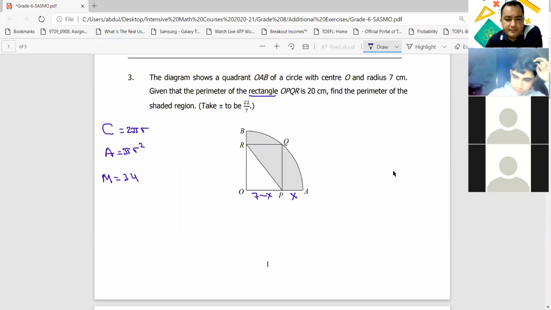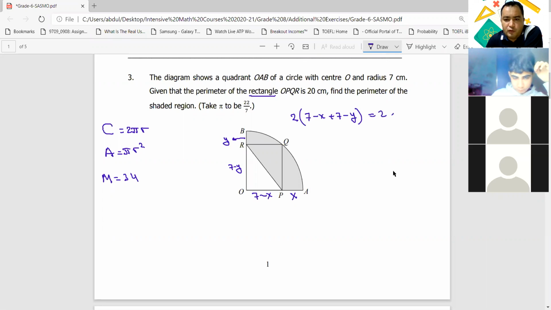Then I found the perimeter of the quadrant, and the perimeter of the square is 4 times 7 minus X. So the perimeter is 7 minus X plus 7 minus Y, multiplied by 2, right?